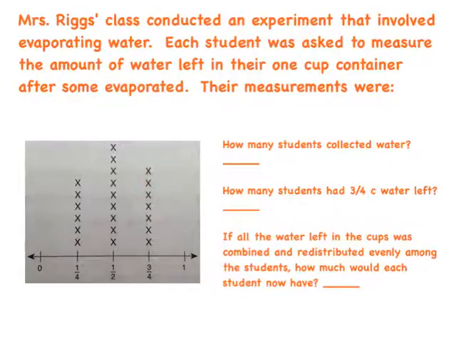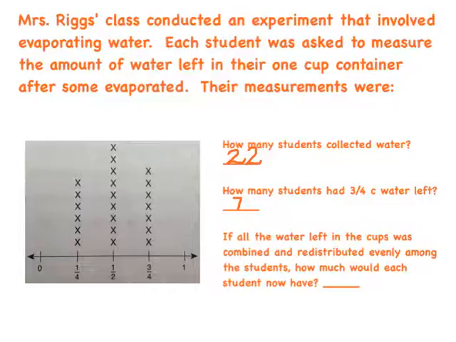So there were 22 students. Next, it says, how many students had 3/4 of a cup of water left? So I go to my 3/4, and there were 1, 2, 3, 4, 5, 6, 7 students who had 3/4 of a cup left.